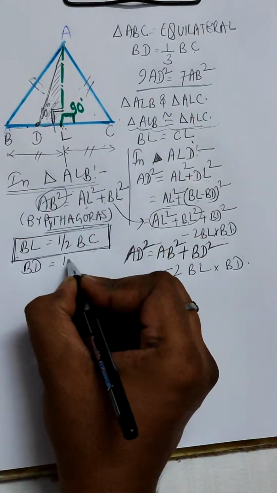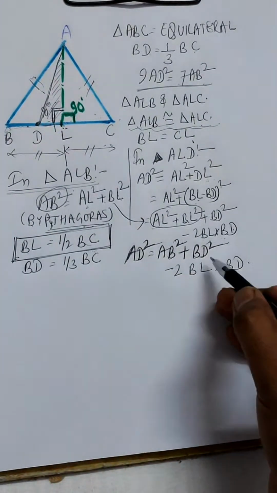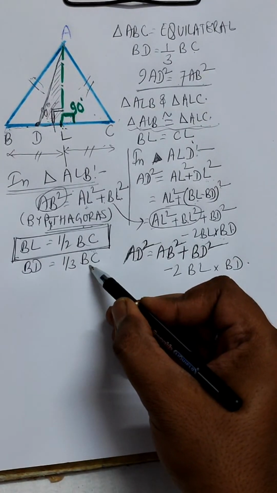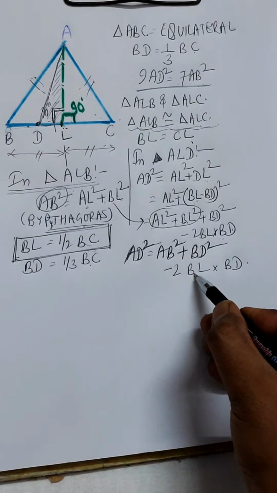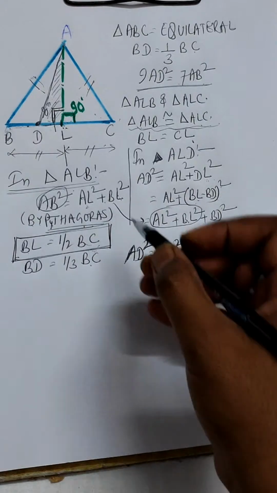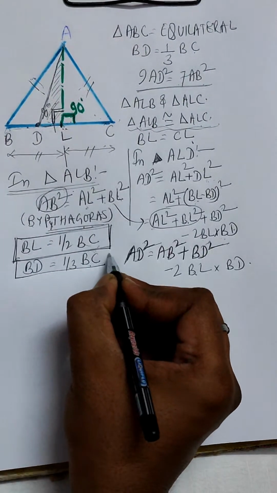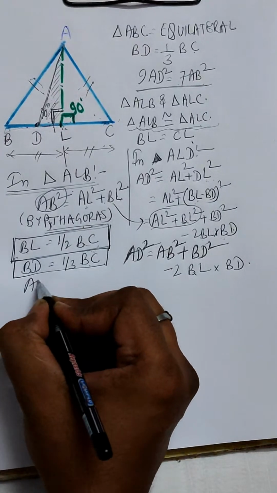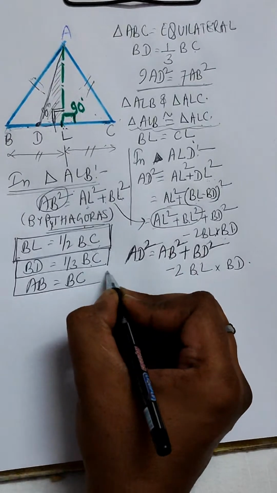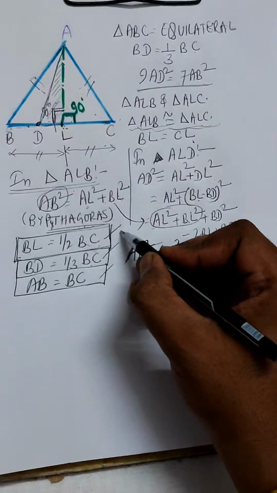So here in place of BD we will write 1 by 3 BC. In place of BL we will write half BC. And in place of AB we will write BC, because AB is equal to BC, because this triangle is equilateral.